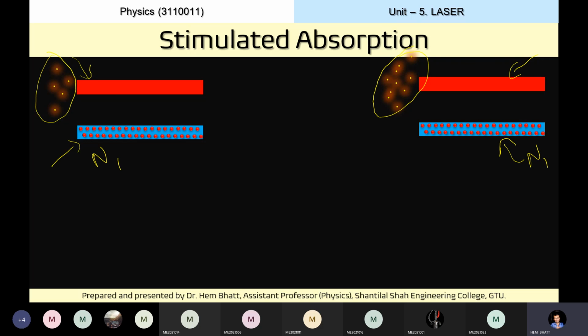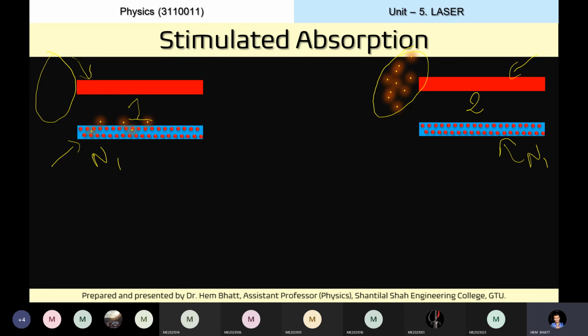In which situation will more electrons go to the excited state, 1 or 2? Sir, second. What is the reason? Sir, there are more photons, so more electrons will get excited and transit to the higher energy level. Very good. So I can say that how much stimulated absorption takes place depends on how much energy we are providing.